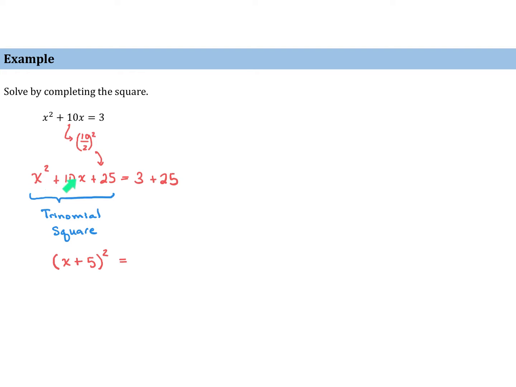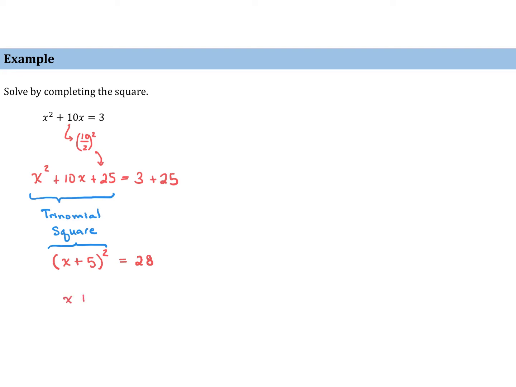So this whole thing is equal to the square of x plus 5. Now the right-hand side is 3 plus 25. That's 28. Now we can apply our square root principle.